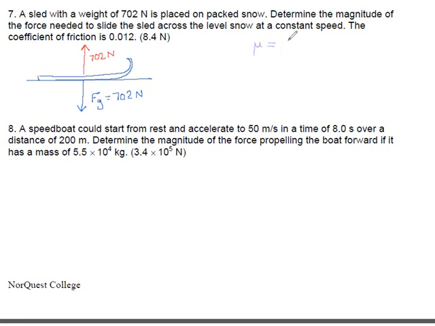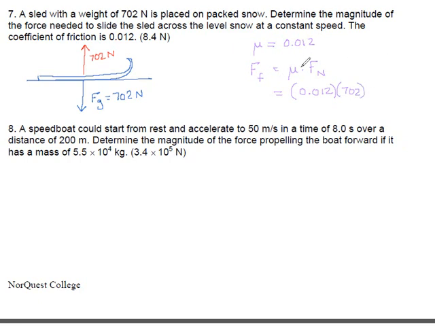The coefficient of friction is 0.012, that's pretty slick, and as you may know, that's FF. Frictional force is calculated by mu times the normal force. Coefficient of friction is 0.012. The normal force is 702 newtons.